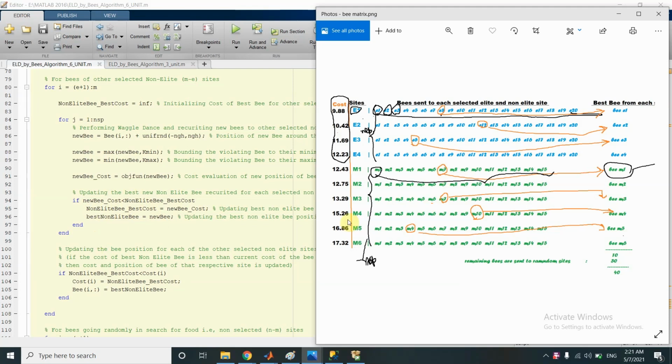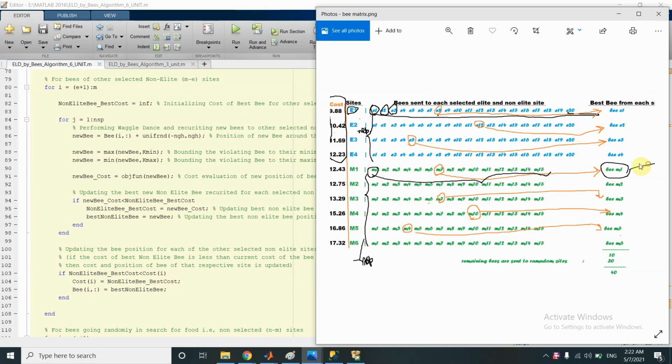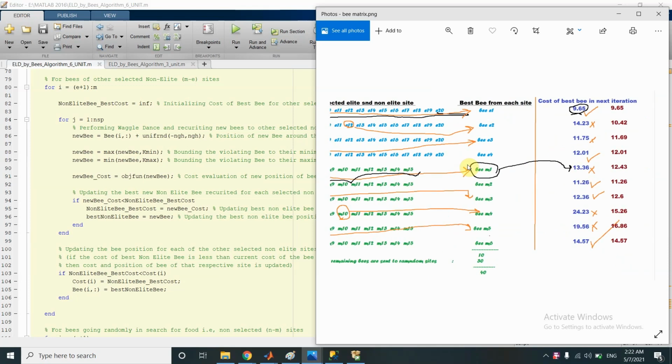Now, once we have found the best B among all these Bs recruited to go around any non-elite site, and we have the cost of the best non-elite site B, then we will compare that cost with the previous cost of the corresponding non-elite site B, and only if the cost is better, then we will update.